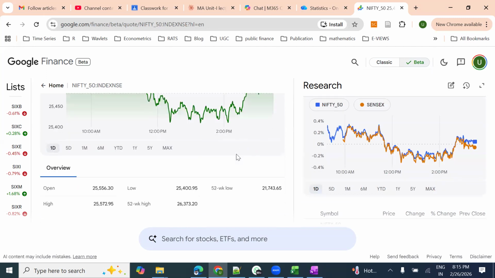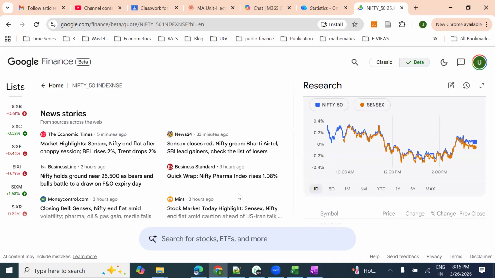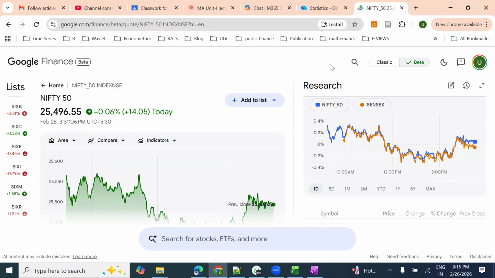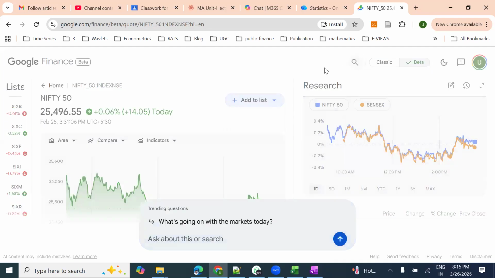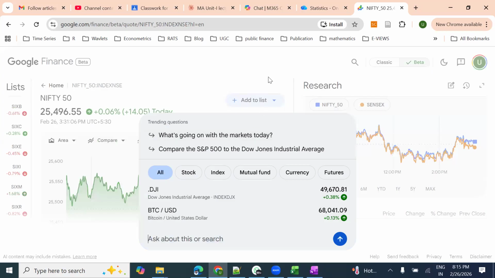Suppose you want to search mutual fund returns in India. S&P is the US, Standard and Poor; similarly in the US it is called S&P 500.